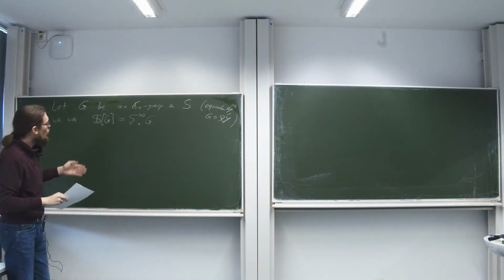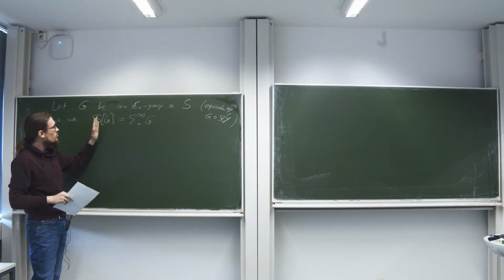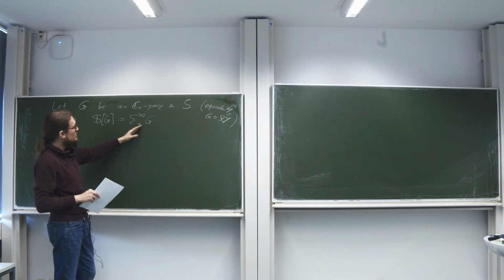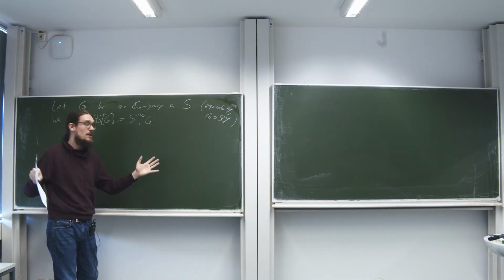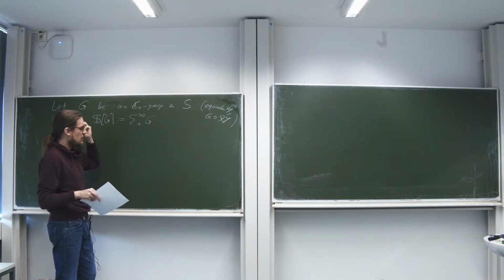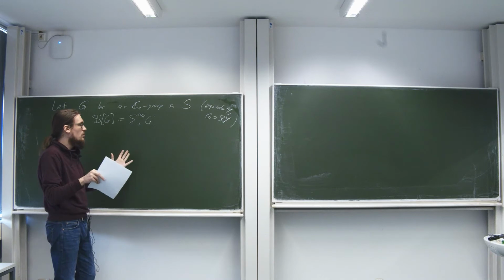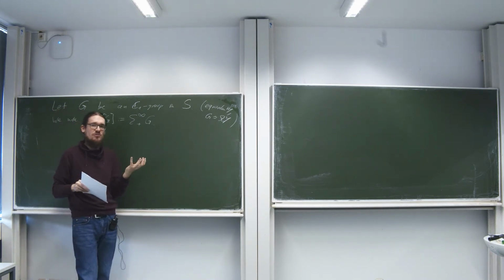And why is this notation justified? Well, if you plug in a discrete group G, then G as a space is just going to be a disjoint union of points. And so Σ^∞_+ G is going to be a sum of copies of Σ^∞_+ of the point, so a sum of sphere spectra.